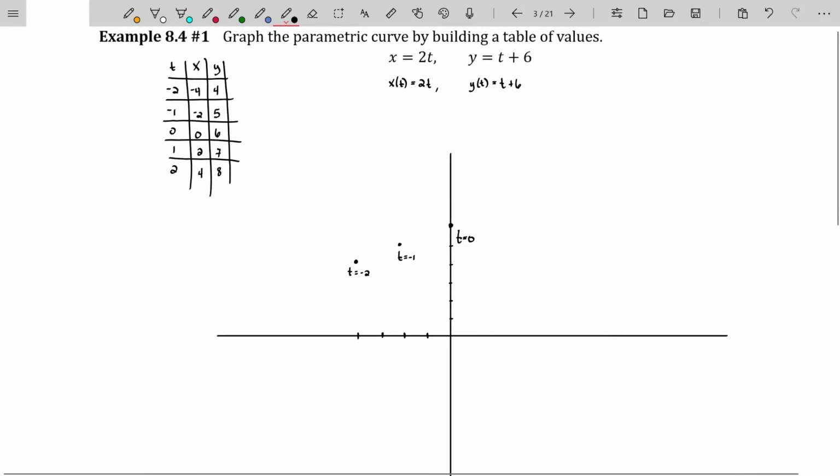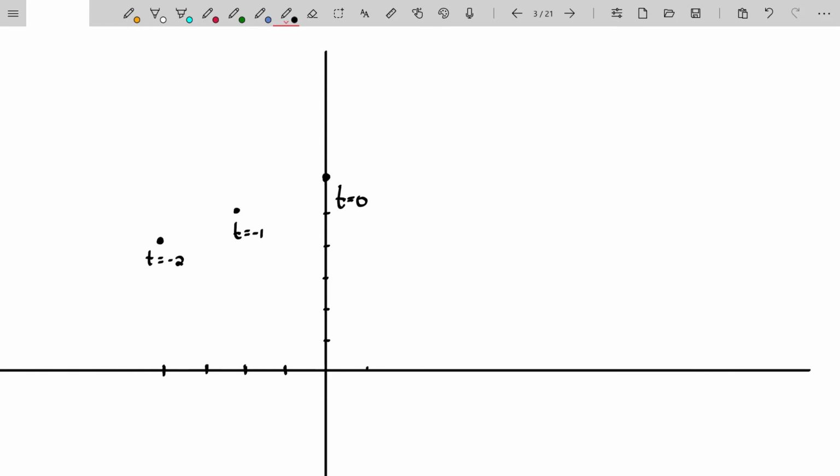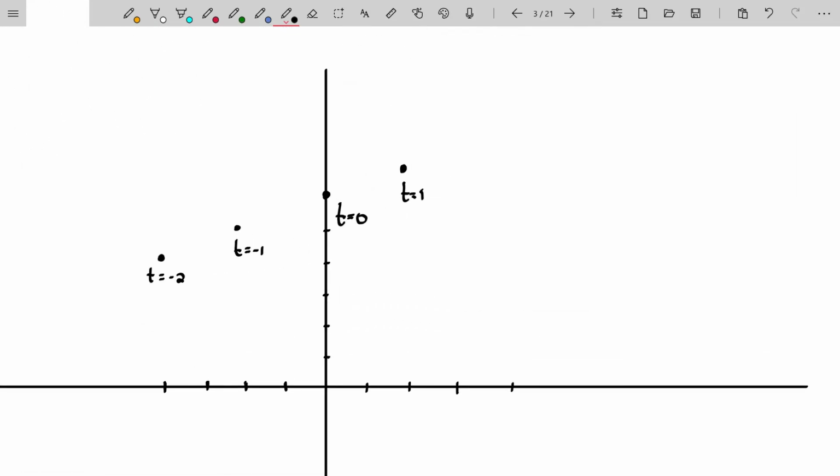And let's see, 2, 7. 2, 3, and 4. There we go. 2, 7 is probably right around here. Time equals 1. And then the next one was 4, 8. Yeah. 4, 8, I'm going to say is right around here. Slightly scaled incorrectly, I apologize, but that's time equals 2.